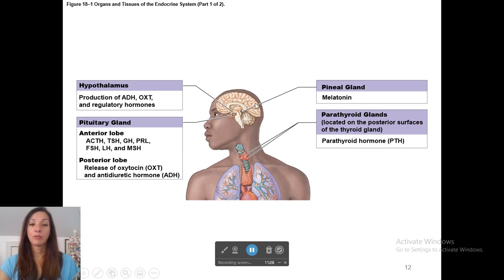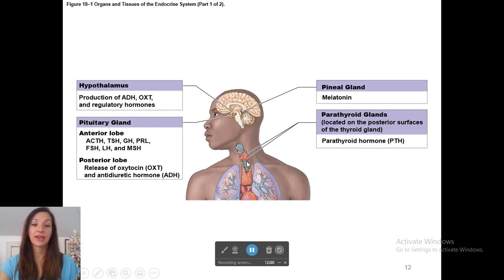Also within the brain, we have the pineal gland. The pineal gland here is just under the corpus callosum, and it is anterior to the cerebellum down here. Then as we go below the brain, in the neck, we have the parathyroid glands, which are attached to the thyroid gland.